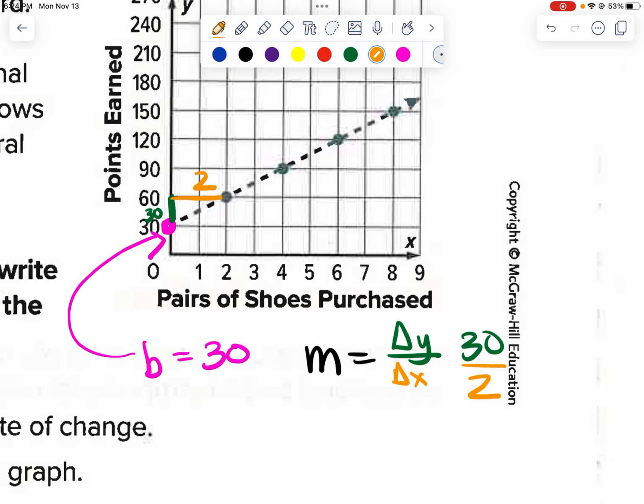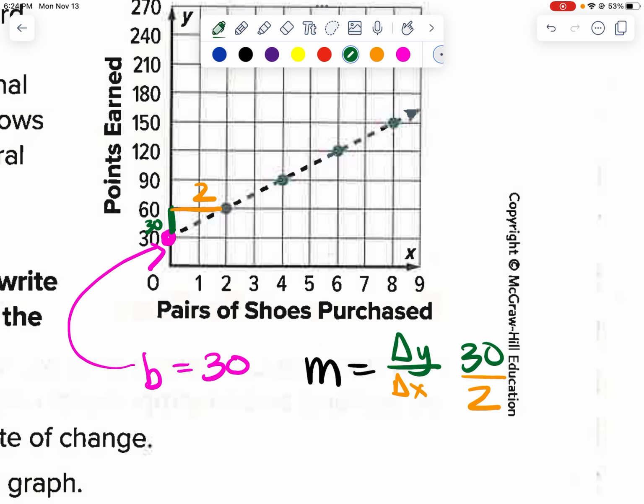The change in y is 30 points earned, and the change in x is pairs of shoes purchased.